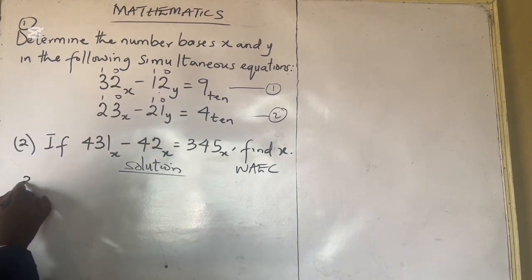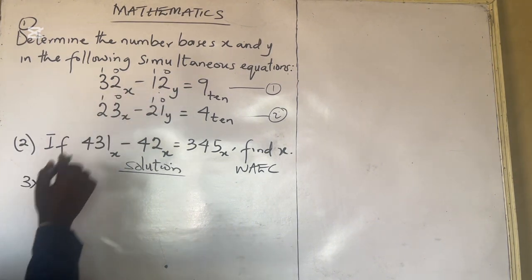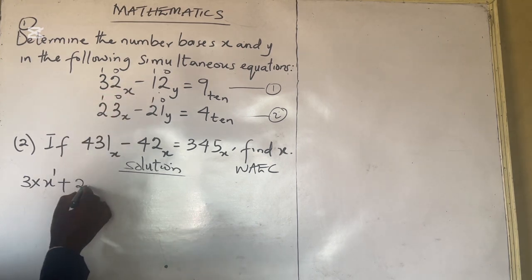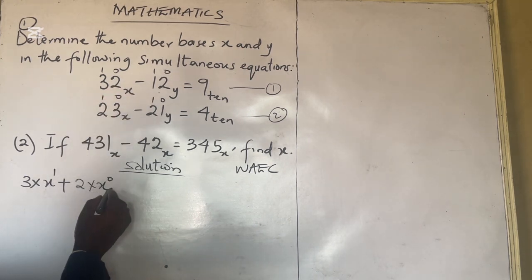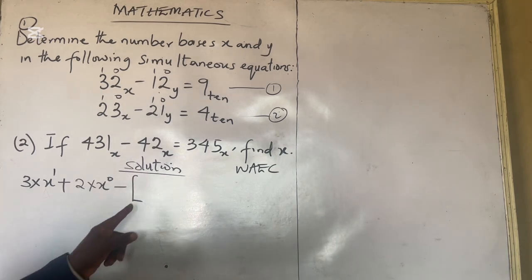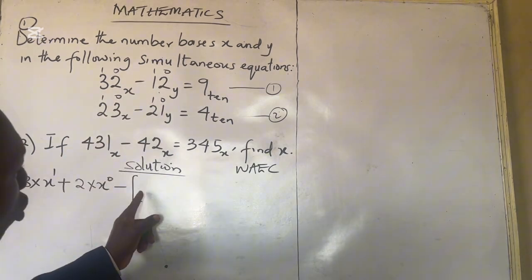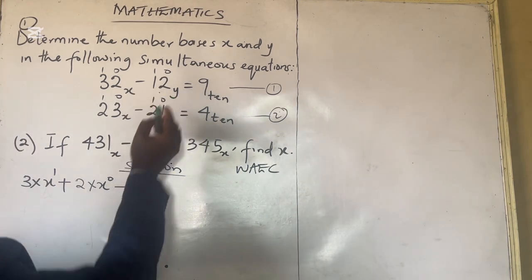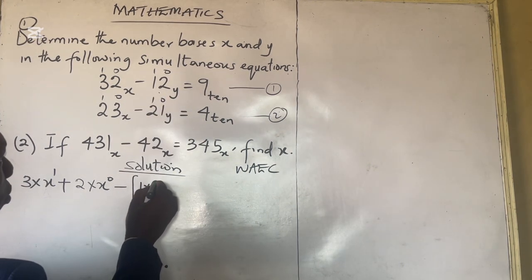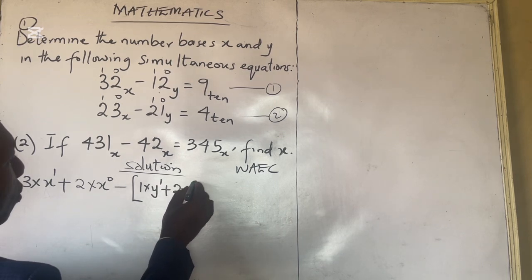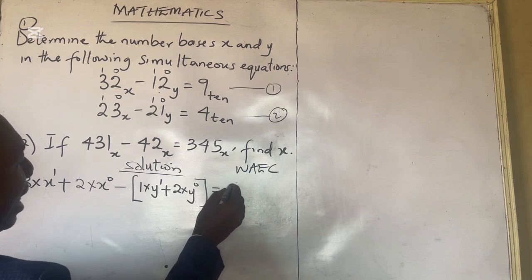3 means 3 times base x, that's x raised to power 1. 2 means 2 times x raised to power 0, minus, don't forget, I'm going to put everything in a square bracket because this minus is going to affect the expression I'm going to write inside. That will be 1 times y raised to power 1 plus 2 times y raised to power 0 equals 9.